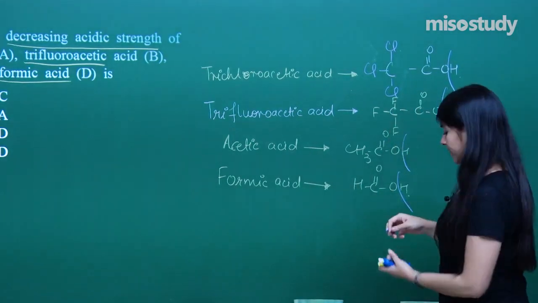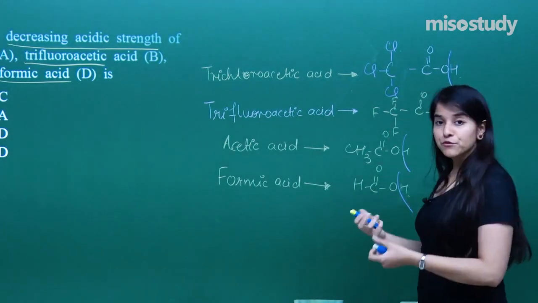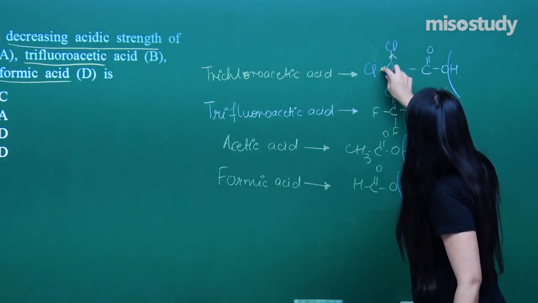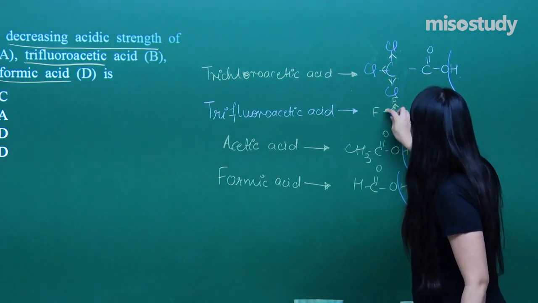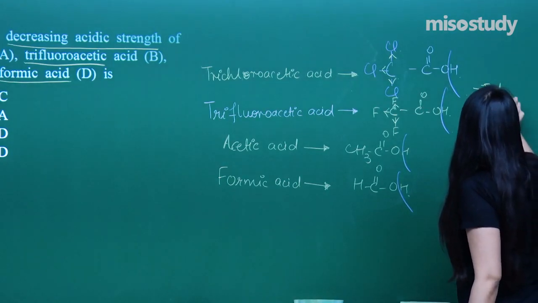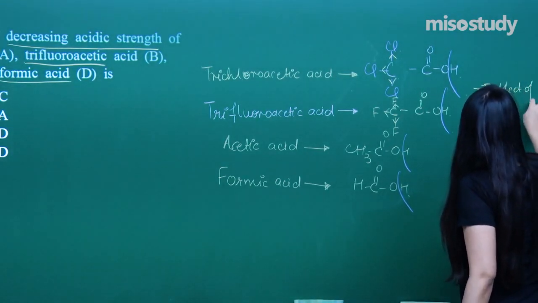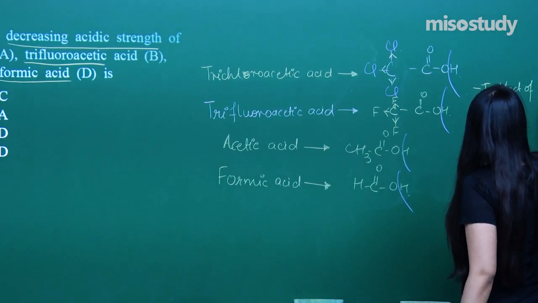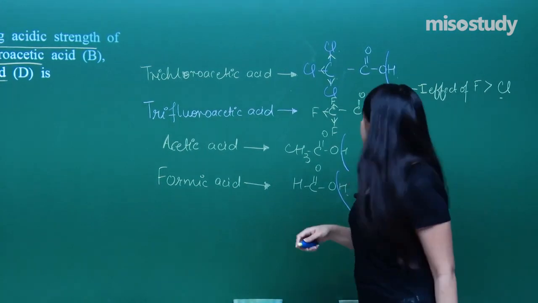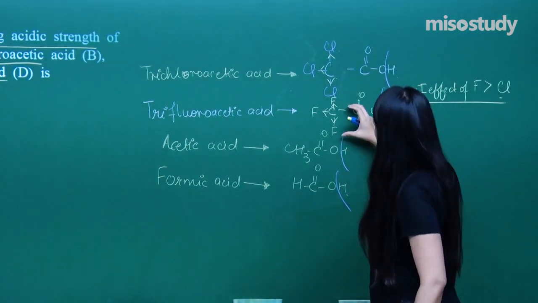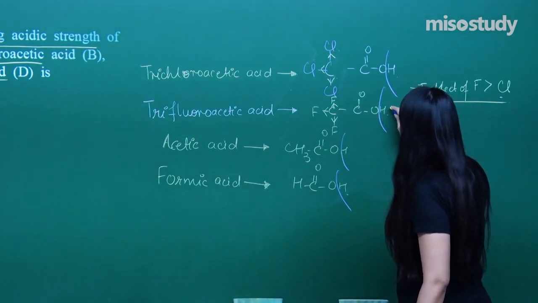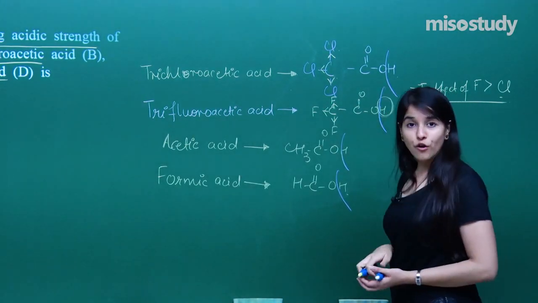So as you see over here, if we consider the withdrawing effect of these 2 groups, so chlorine is withdrawing as well as the fluorine, but the minus I effect of fluorine is always more than that of the chlorine. We all know this. That means these are all withdrawing groups. They will withdraw all the electrons, and this H hydrogen over here, it goes off easily.